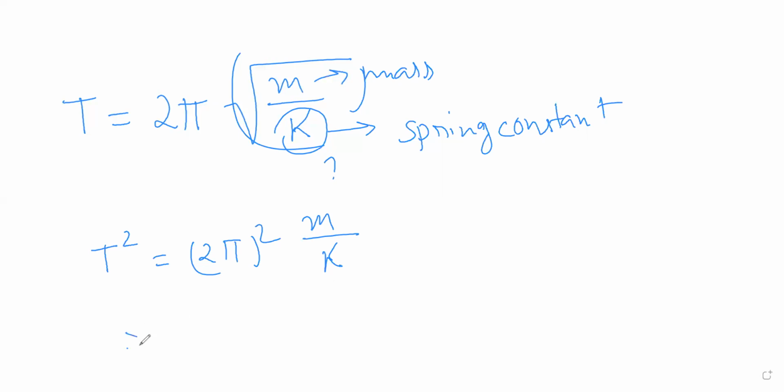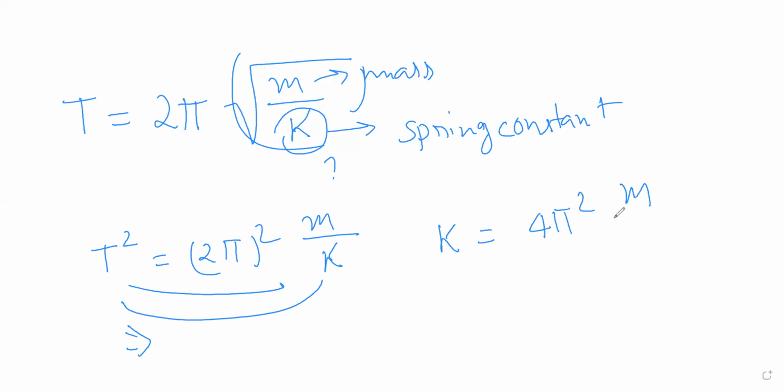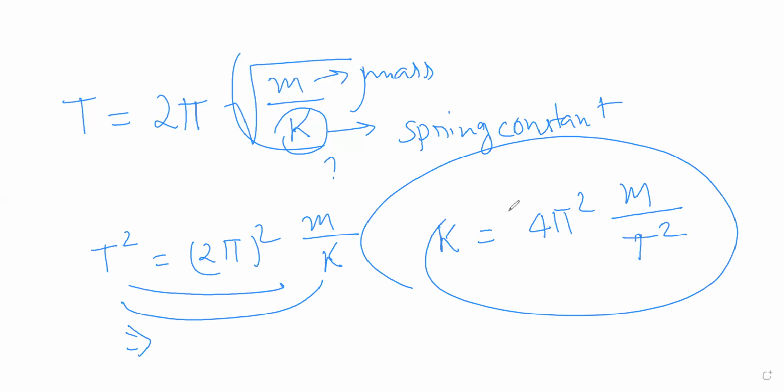Now we change the position. If we put this T here and take this k to this side, what will we get? k equals 2 pi, 2 into 2, 4 pi squared, 4 pi squared m over T squared. That is another formula to find the spring constant.